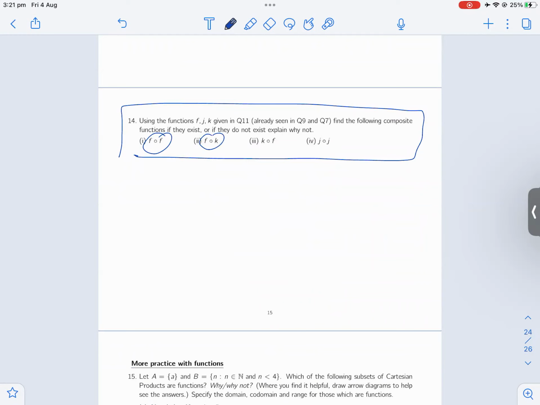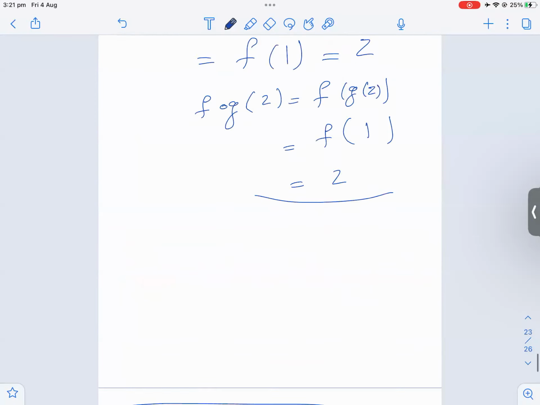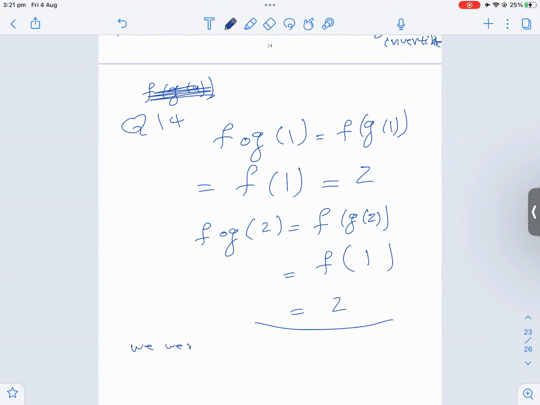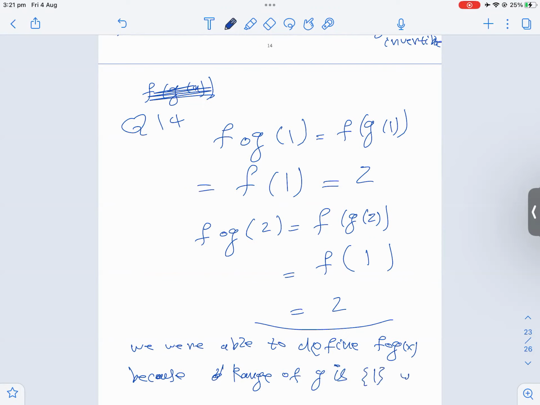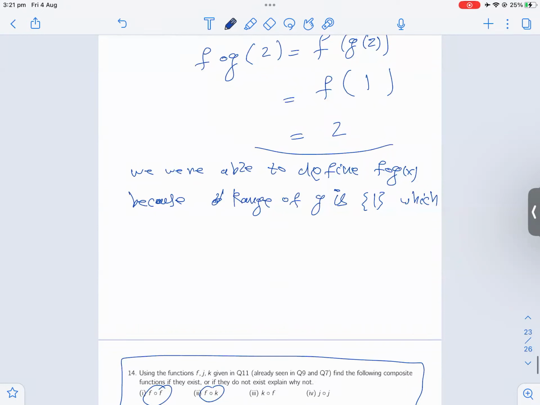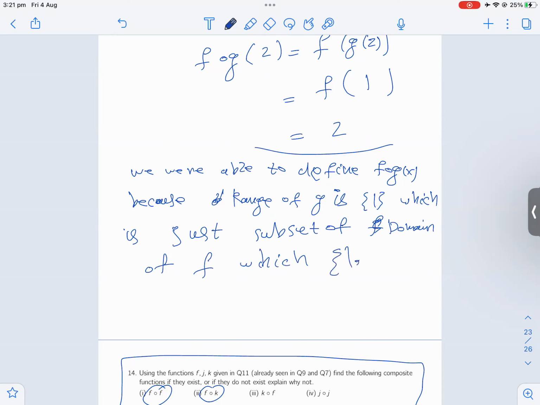Okay. Now here is the thing. We were able to define f o g of x because the range of g is just 1, which is a subset of the domain of f, which is 1, 2.